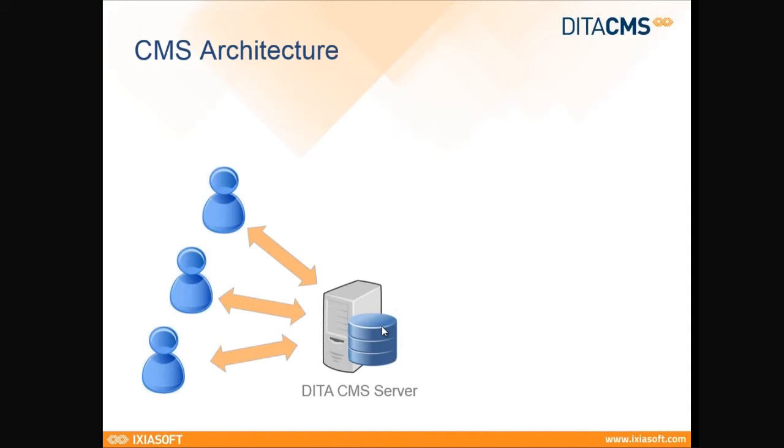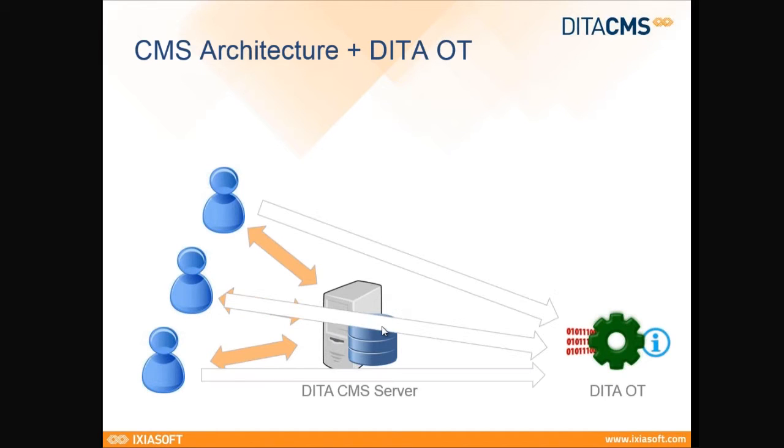All right, so what do we have? CMS architecture, overly simplified. We have users working and they're connected to a server. Now, we had the open toolkit. We want to use the open toolkit to transform and generate our outputs. So, do we have all of our users connected to the open toolkit?